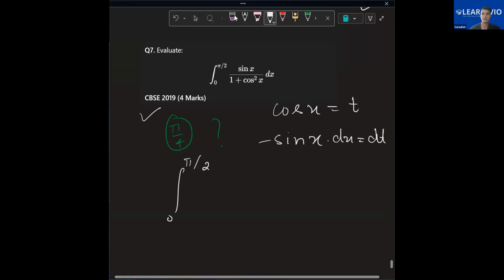Let's see one more thing. जब आप यहाँ पे इसको सब्स्टिट्यूट करोगे so according to that your limit will also change. Like for 0, if you will put 0 in cos of x, so your t is going to be 1, है ना? 1 हो जाएगा. And if you will put π/2, then your t is going to be 0. So according to that, your limit will also change. Have you changed your limits?